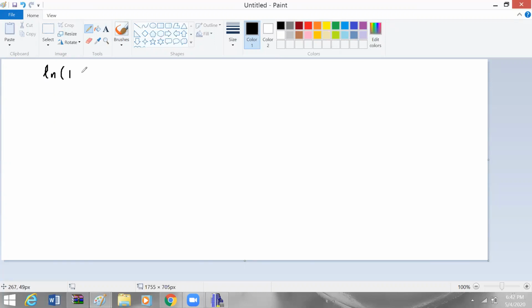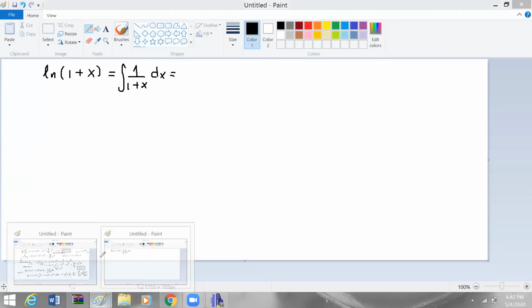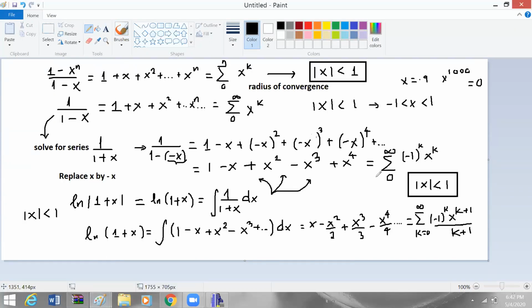So instead of writing down the entire function, we know the fact that this will be the integration of 1 over 1 plus x dx. And so instead of working on the entire sum of the polynomial, I can work on the term like that.